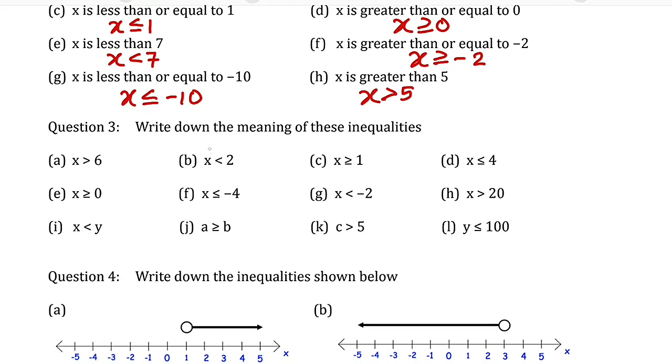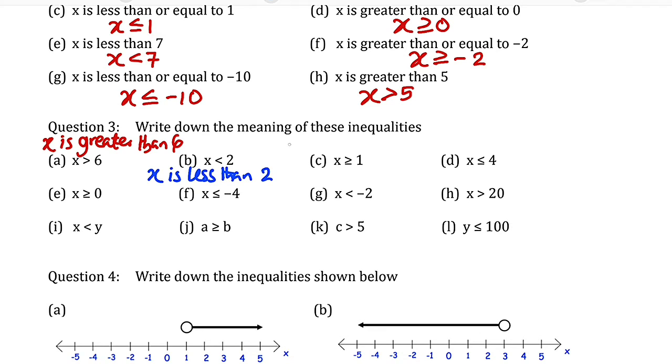But here we are asked to write the meaning of these inequalities. I think I should take them at random. Here we have x greater than 6, right? Then the second one, x is less than 2.